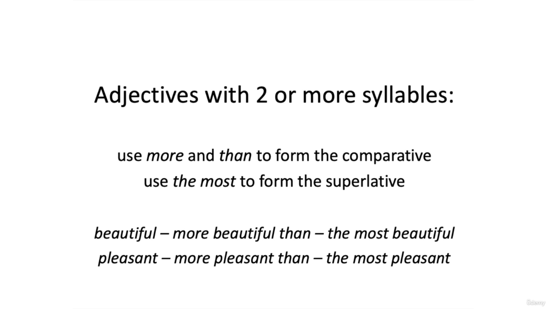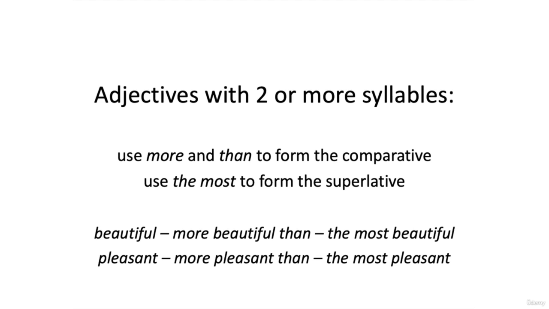Now, for adjectives with more than 2 syllables and certain ones with 2, we use the words more and than to create the comparative and the most to form the superlative. For example, beautiful has 3 syllables.